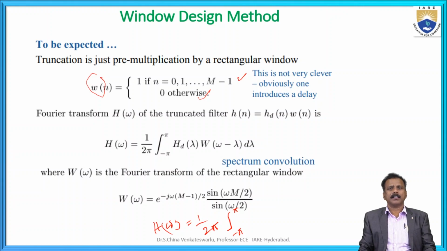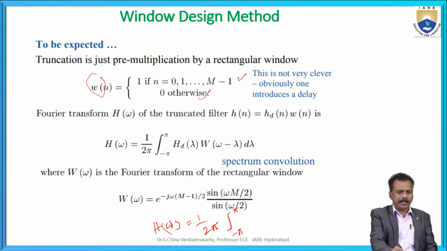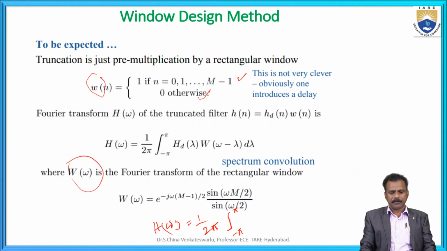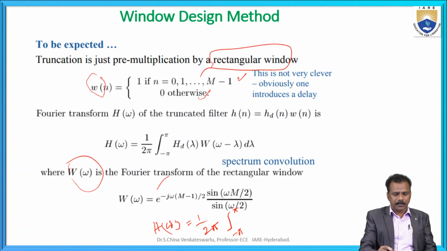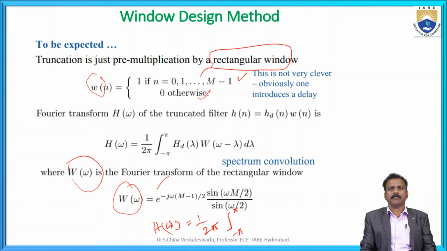Here W of omega is the Fourier transform of the rectangular window, because the truncation is just pre-multiplied by the rectangular window. The Fourier transform of the rectangular window is W of omega equal to e power minus j omega of (M minus 1) by 2 times sine of omega M by 2 divided by sine of omega by 2.